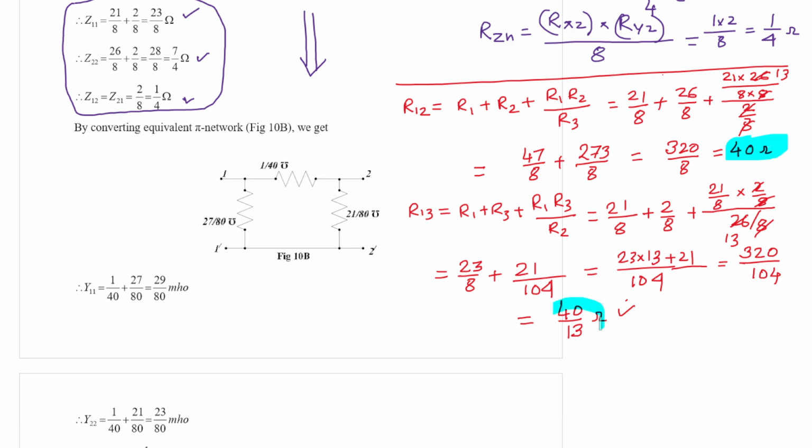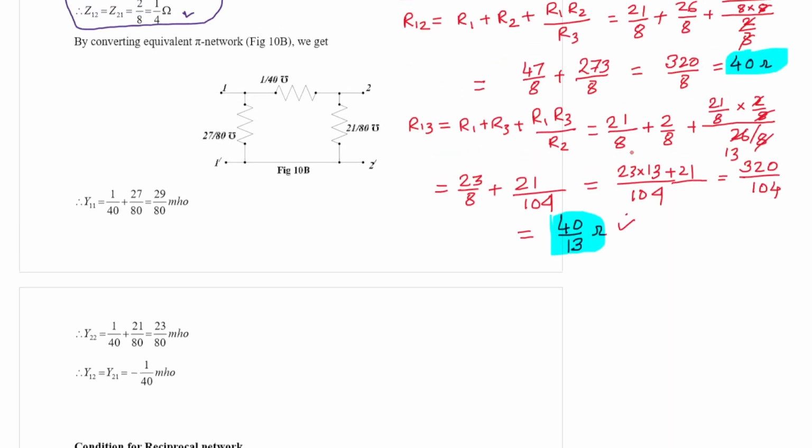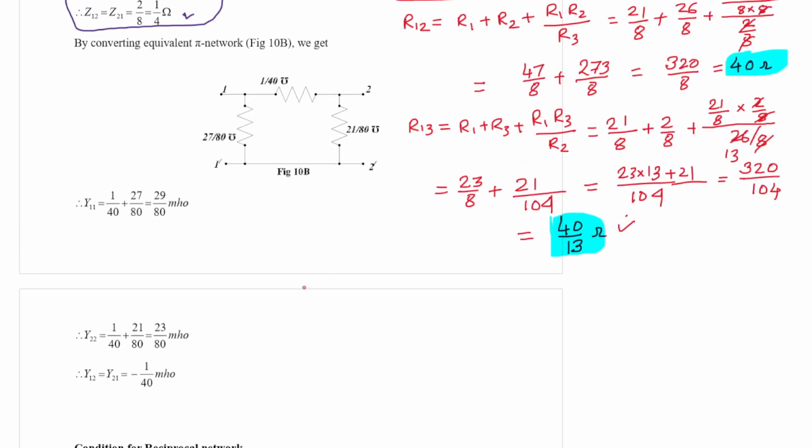R13 will be 40 by 13 ohm. And if you solve the remaining one, R23, it will be R2 plus R3 plus R2 R3 by R1.